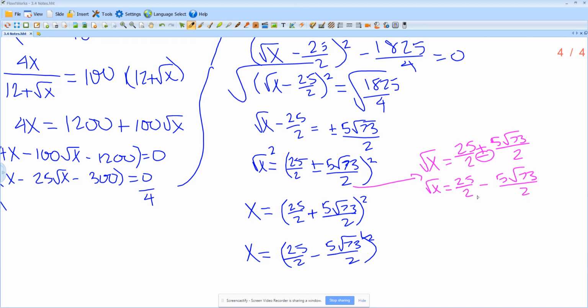And if I just did that, this 25 over 2 minus 5 square root 73 over 2 would give me square root x equals negative 8.86. So this right here does not make sense because the square root could not give me something negative. This wouldn't be possible.